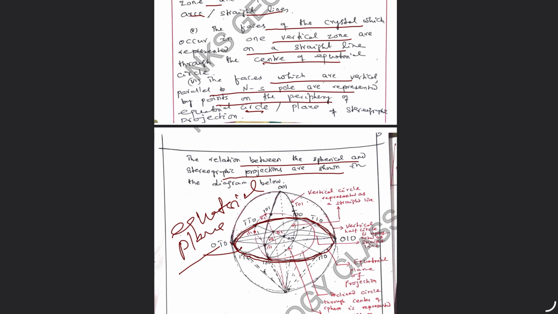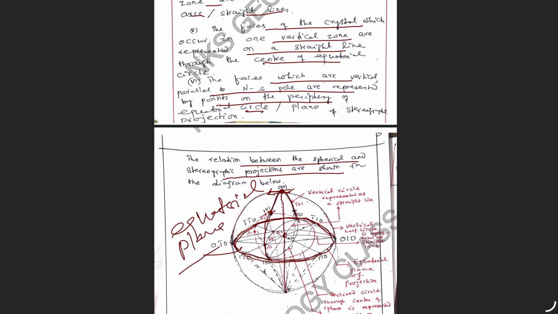Let us say this is one vertical zone where these are the faces. When this face has symbol 0 0 1, the top face, it is horizontal. When the pole of this face is lying here and is joined to the south pole, it passes through the center. So this is the point of projection of this pole.